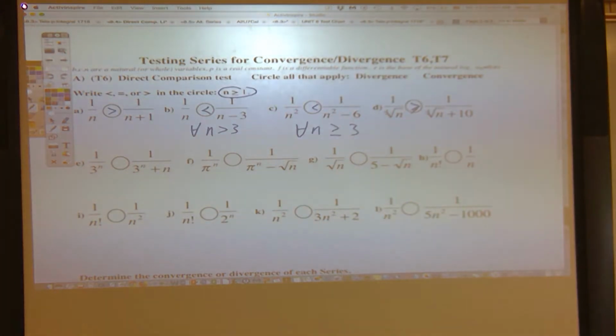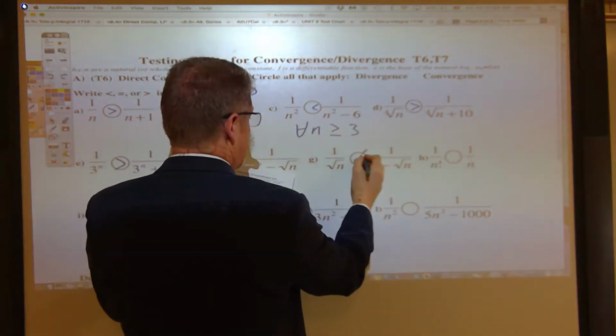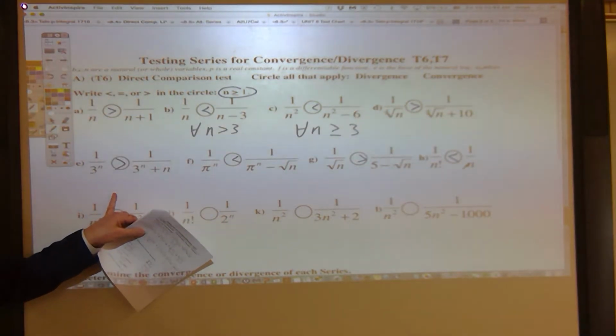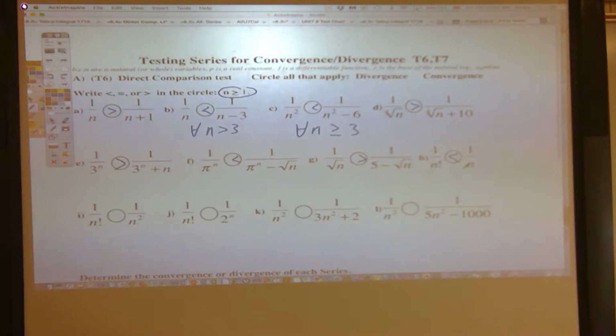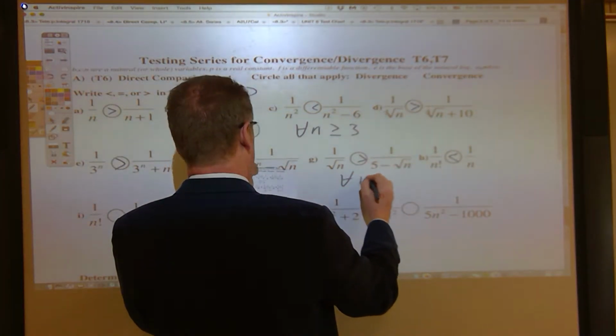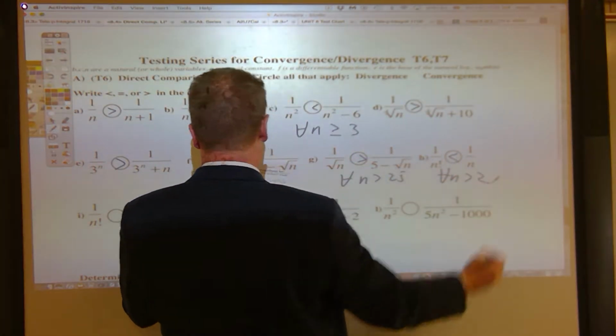Your quartet of answers that I think you should have for row 2 are greater than, less than, greater than, and less than. Let's pause. Any questions on row 2? We're performing direct comparisons. This one, by the way, has a restriction. That's for all n greater than 25, and this is for all n greater than 2.